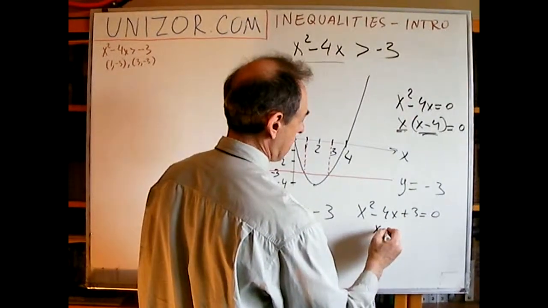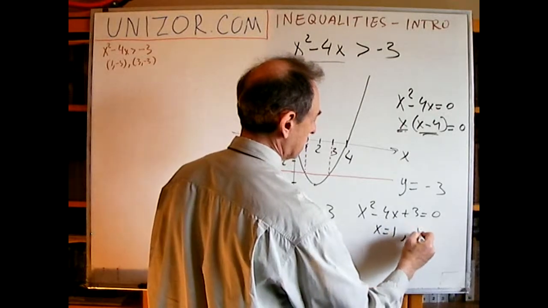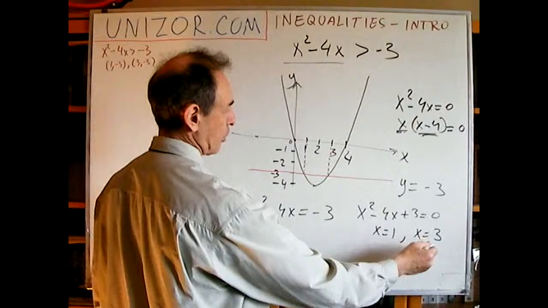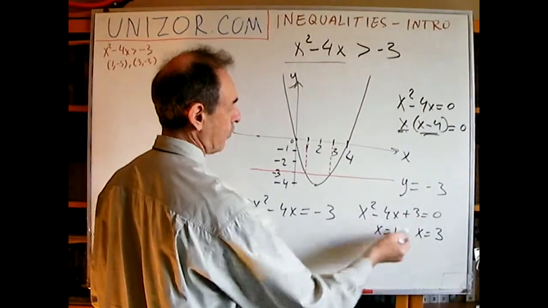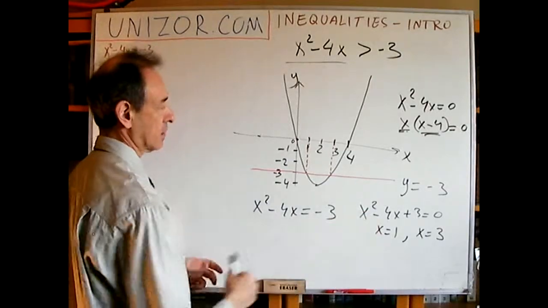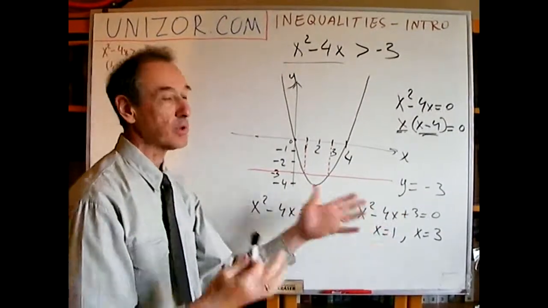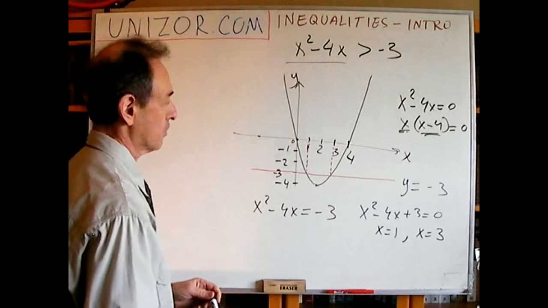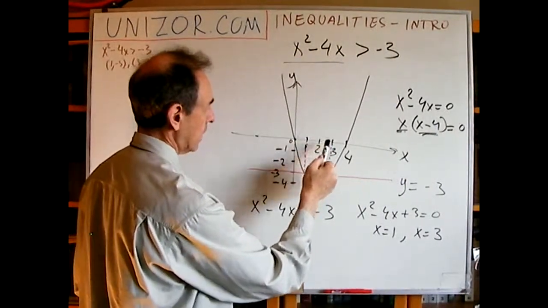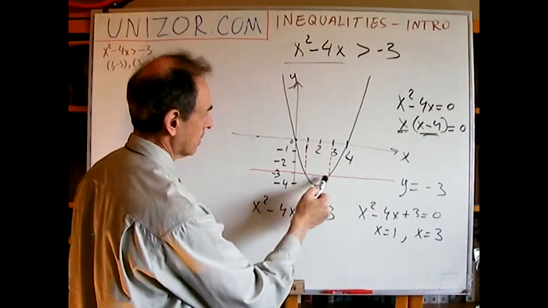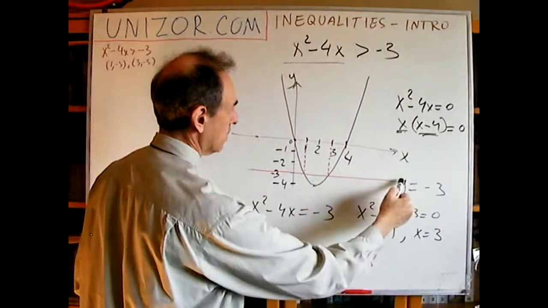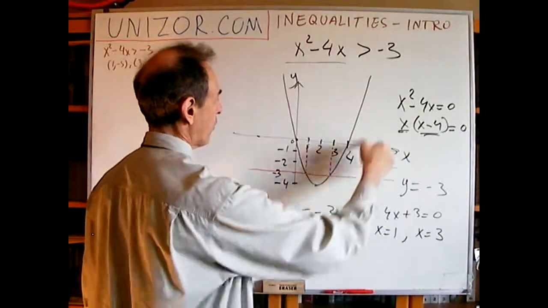And the solutions are x equals 1 and x equals 3. Product is 3, sum is 4, with minus sign it would be minus 4. So I'm just checking. And obviously I chose the example with easy solutions. So yes, exactly, 1 and 3 project down exactly to these points of intersection between this line y equals minus 3 and the parabola.